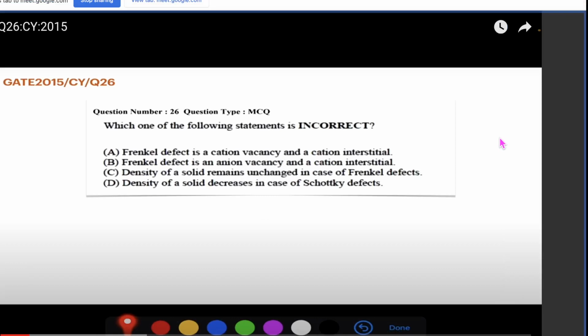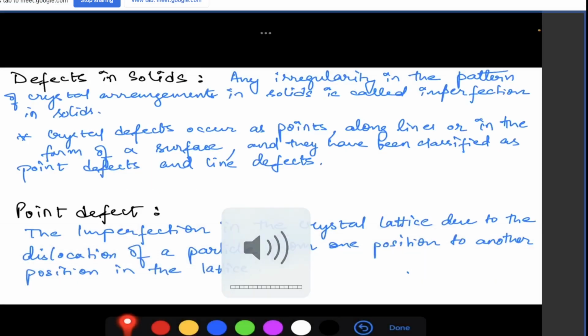Let me discuss some basics. Defects in solids are any irregularity in the pattern of crystal arrangements in a solid, and this is called imperfection in solids or defects in solids.